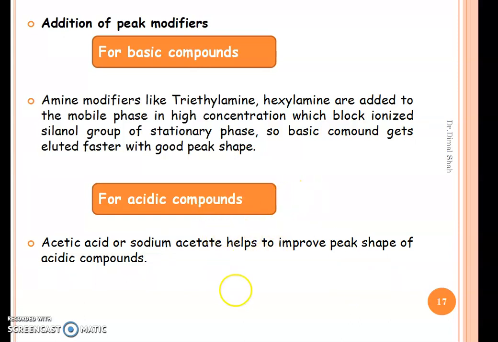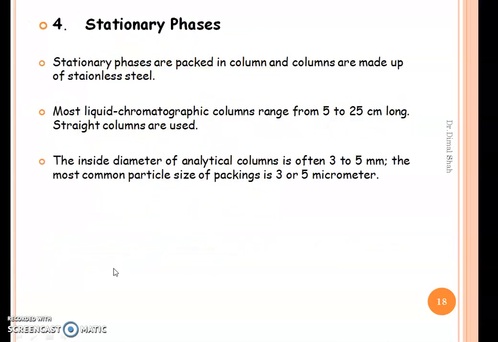For acidic compounds, acetic acid or sodium acetate can help to improve the peak shape of these drugs. So that is all about the mobile phases which can be used in HPLC and the precaution to be taken while selecting a mobile phase.